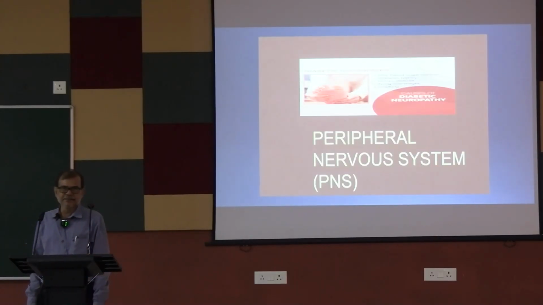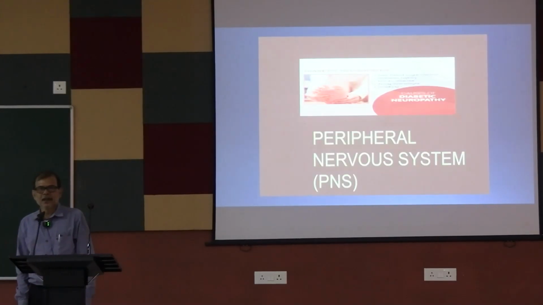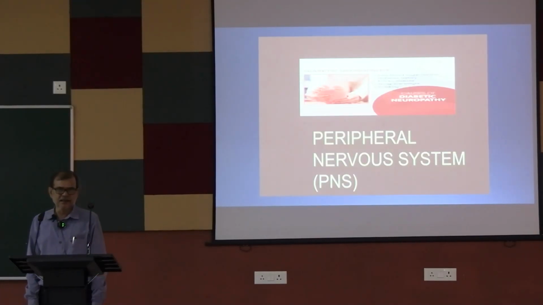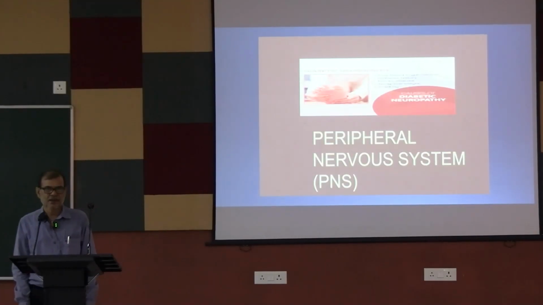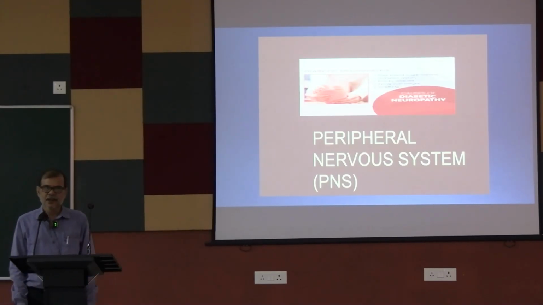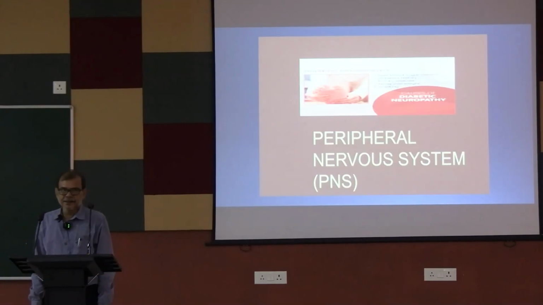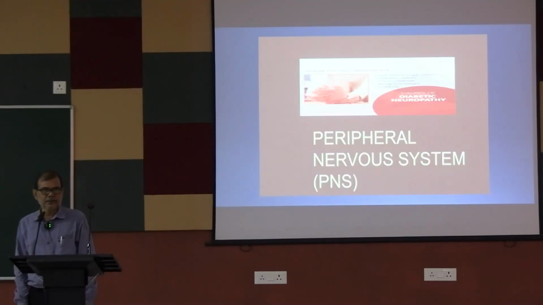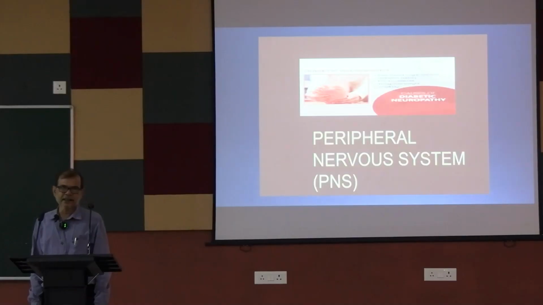The components of the peripheral nervous system are cranial nerves, spinal nerves, nerve fibers or peripheral nerves, and ganglion, autonomic ganglion or sensory ganglion.